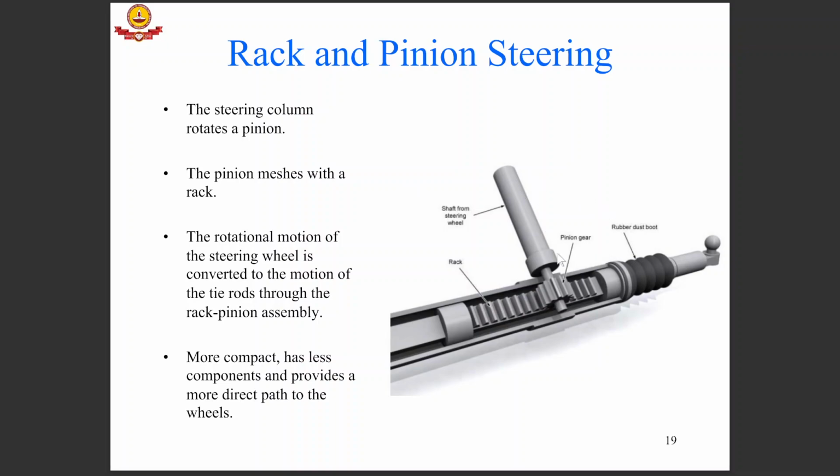Okay, so the steering column can rotate the pinion gear, and this pinion gear's rotation would result in the rack traveling left or right with respect to this point. So this kind of system is more compact, it has fewer components, and it provides a more direct path to the wheels.